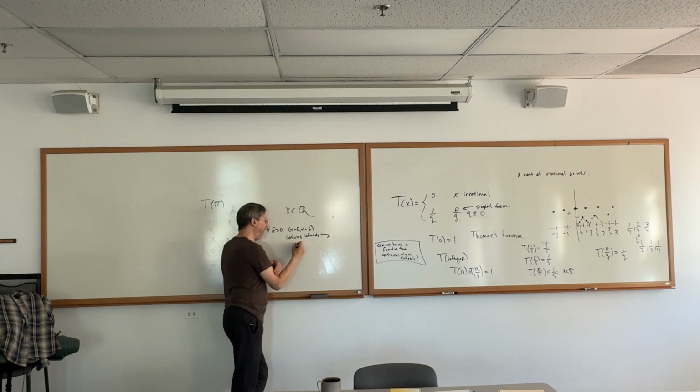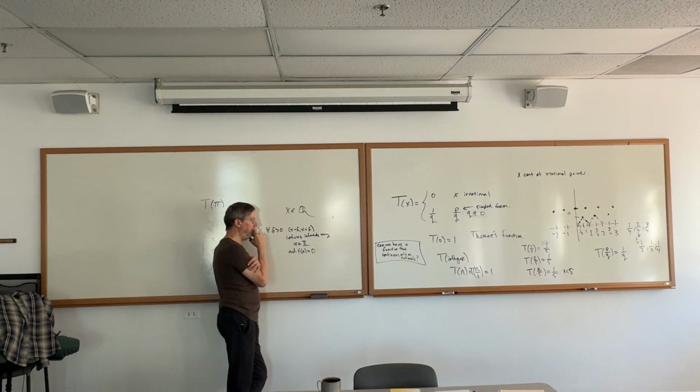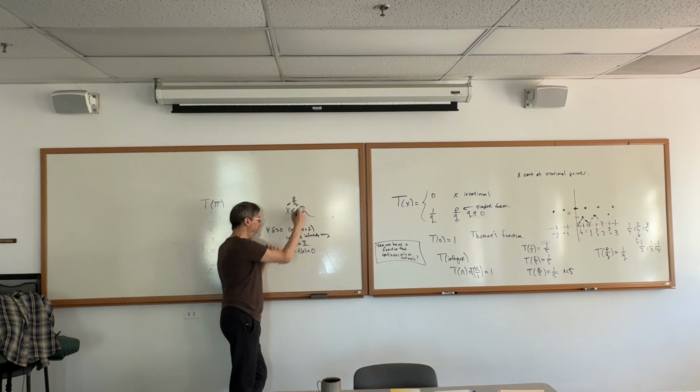That was trying to use the uncountably infinite idea. And then I said that because f of x is equal to 1 over q, we could reason that the absolute value of f of alpha minus f of x is equal to 1 over q, which would be less than epsilon, going by that definition.